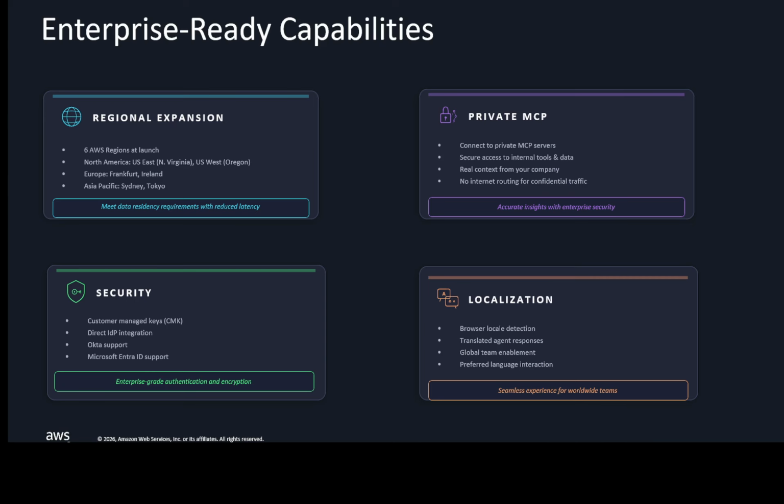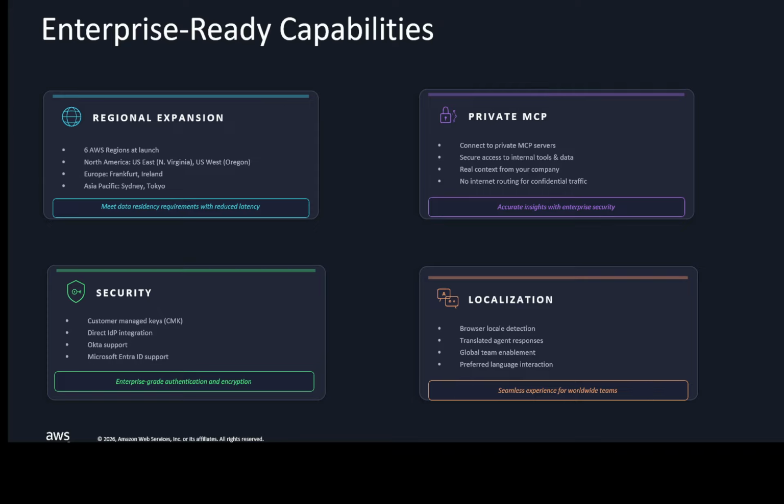Enterprise-ready capabilities. It is right now available in 6 regions, and I'm sure it's going to scale. It has private MCP: connect your private MCP servers for secure access to internal tools and data. Security: encryption allows you to encrypt your conversation data using a customer-managed key or an AWS key.